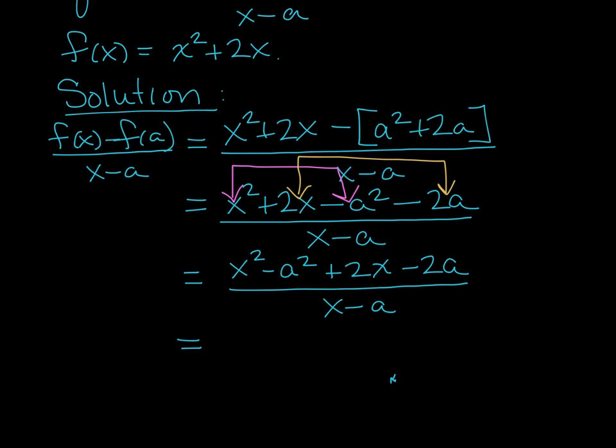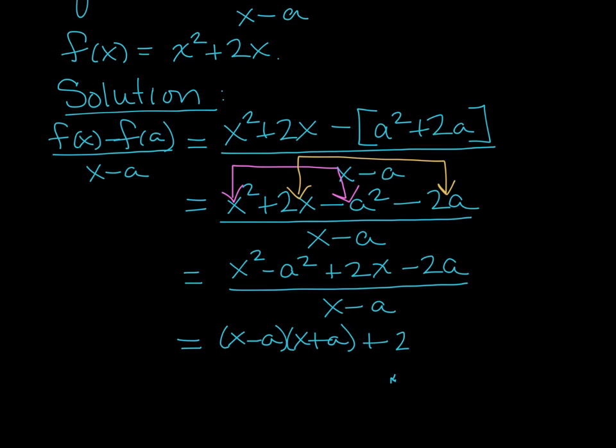Now, you might remember from algebra, these terms here, x squared minus a squared, this is called the difference of two squares, and it factors as x minus a times x plus a. And now if we look at these terms here, we see that a 2 factors out of both of them.